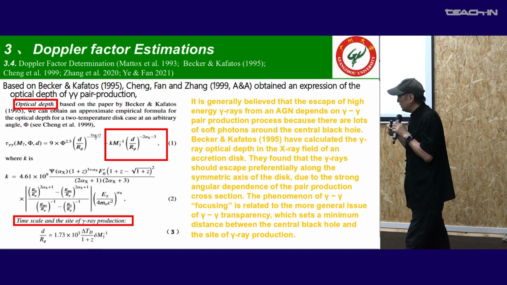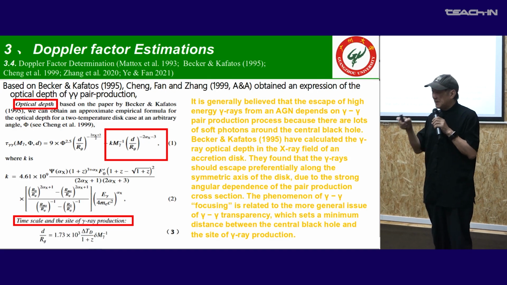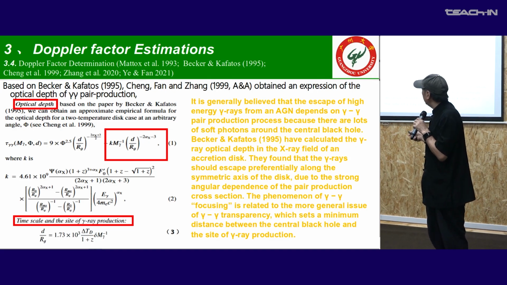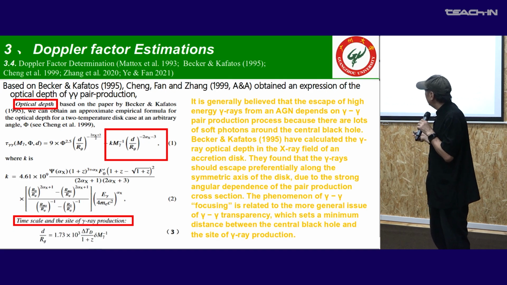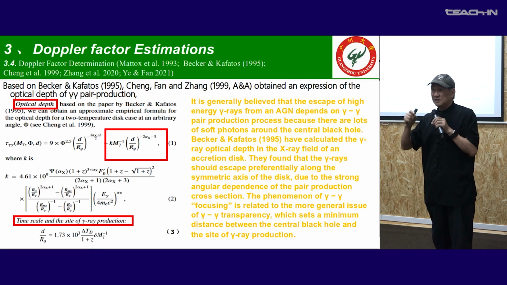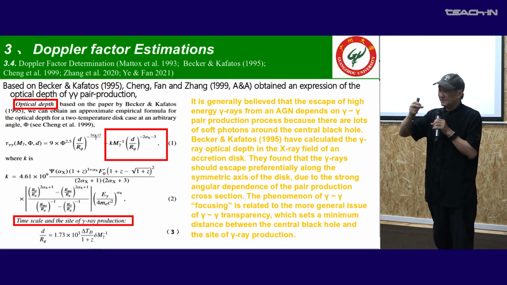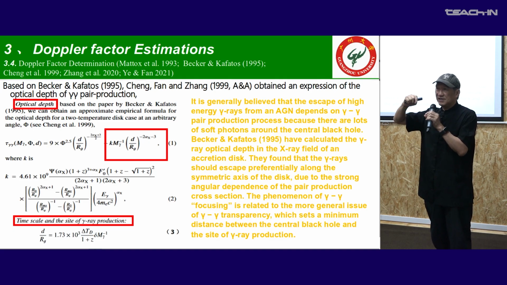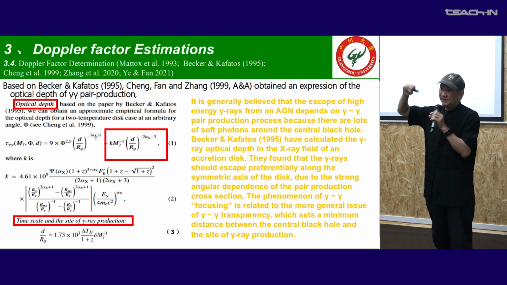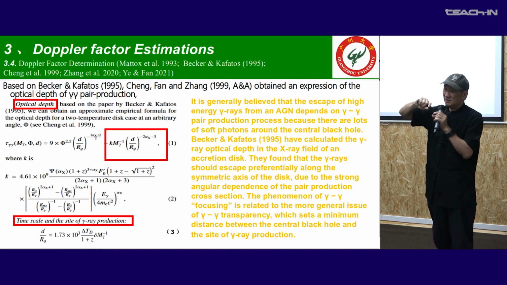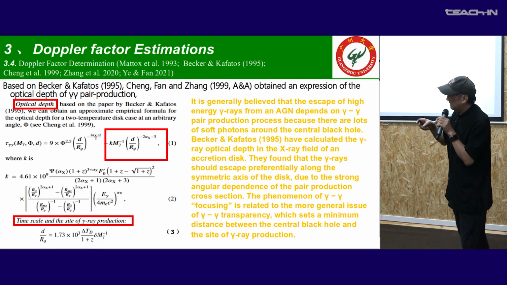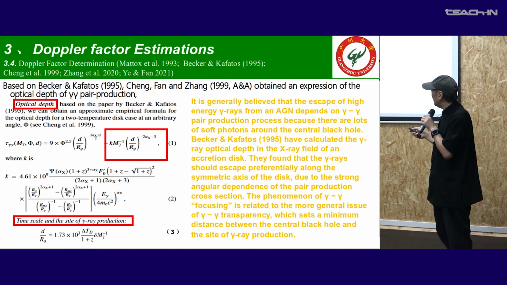Based on their formula, we can see that the observation is not only along the axis, but there is an angle between the jet and the line of sight. So we can describe the optical depth in this way.